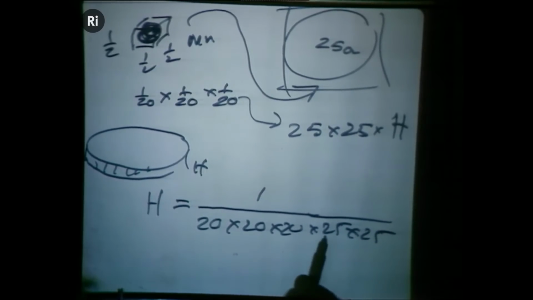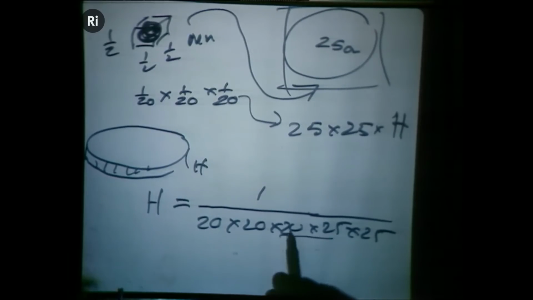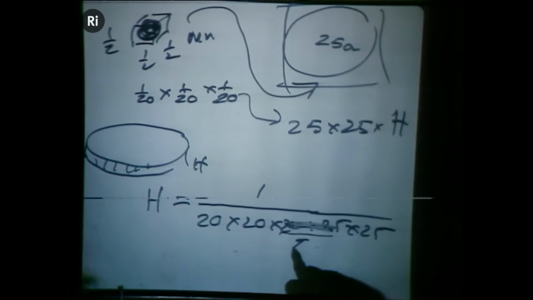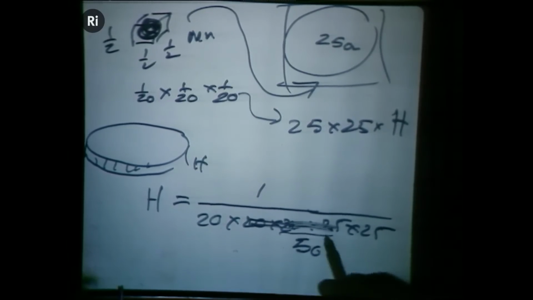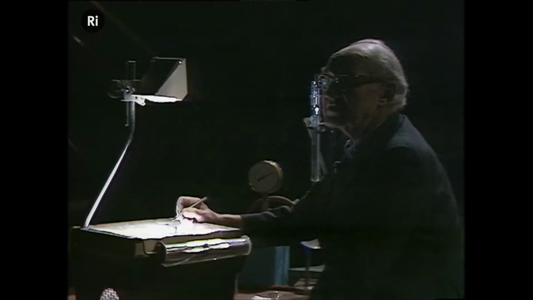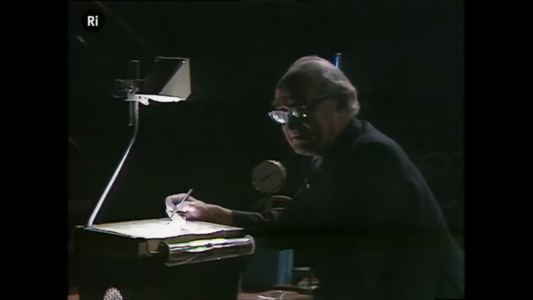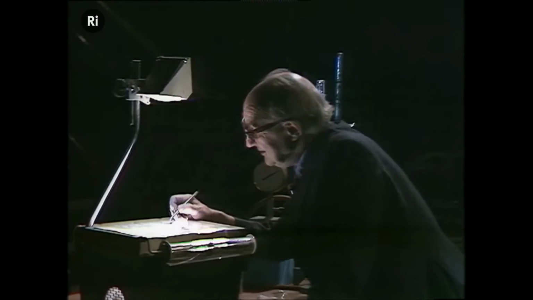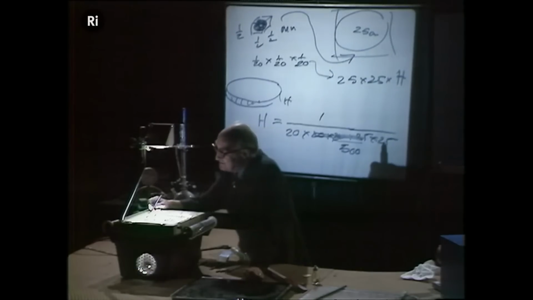20 times 25 is 500. Why didn't somebody stop me? It's a method of finding out if you're awake. Another 20 times 25 is another 500.